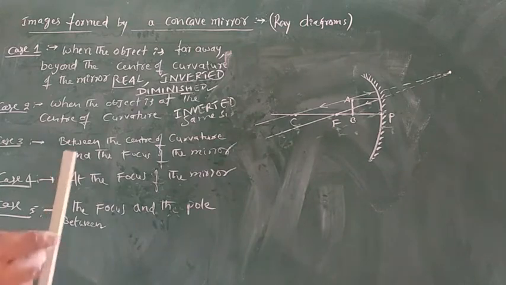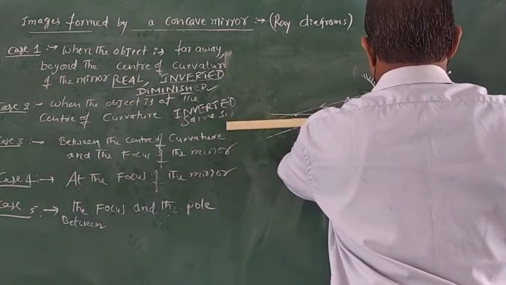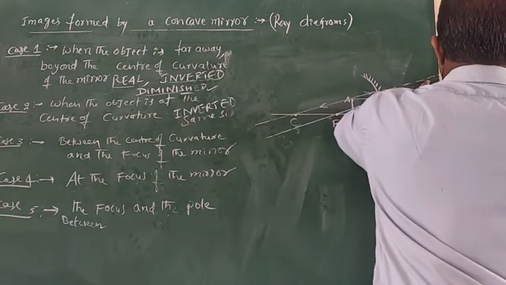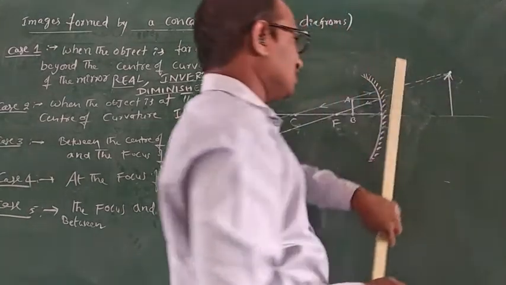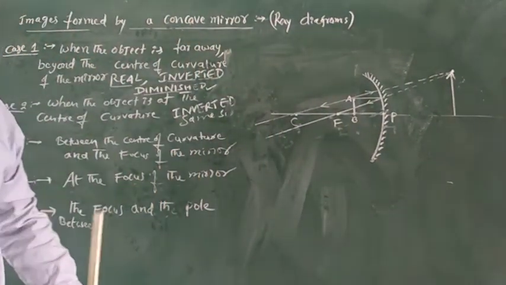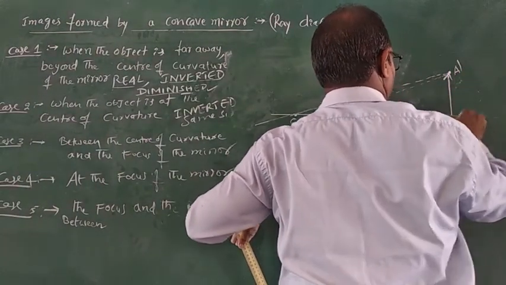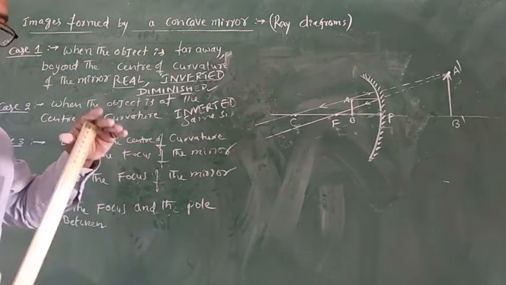At that point we will get an enlarged image. Suppose you extend the principal axis. Now you see, we are getting the enlarged image here. Let it be A prime and B prime. Same-direction image, which means a virtual image.